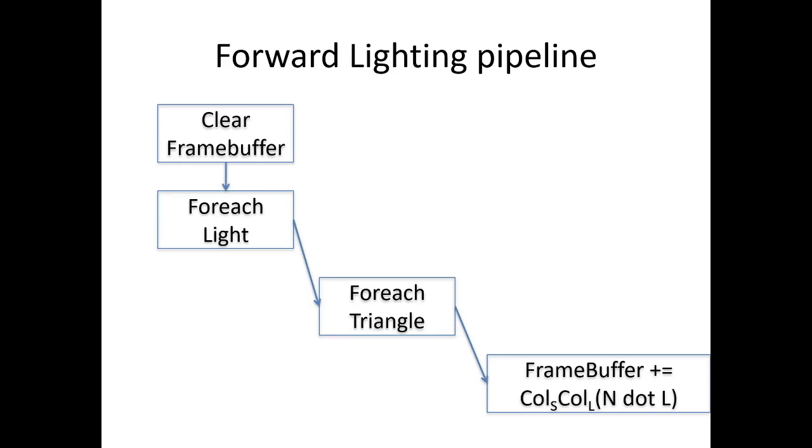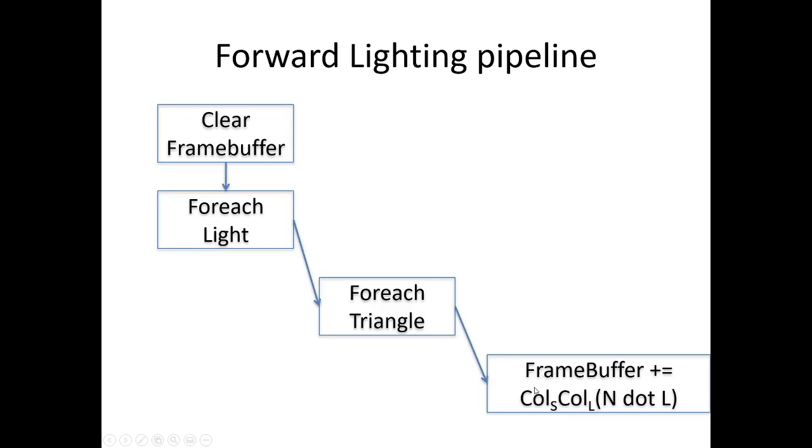We'll capture that first, and then for each dynamic light in the scene, we'll go through and for each triangle, we'll render it, much as we did with the whole render pipeline, which we've looked at in depth now, and capture all the materials and so on. We'll do our entire material pipeline for that light, given that one light direction, against every pixel within the triangle.